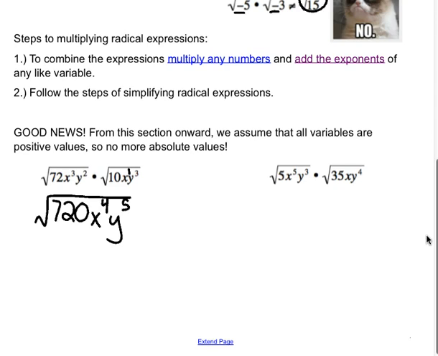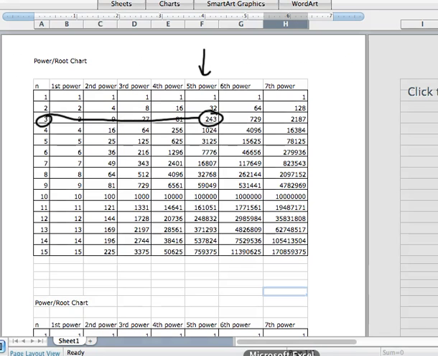Again, we don't have to worry about absolute value, which is really, really nice. But I'm going to go to my powers chart because 720 is a big, big number. Okay, so let's see what can divide 720. Now, here, the tricky thing about 720 is there's multiple numbers that look really good.